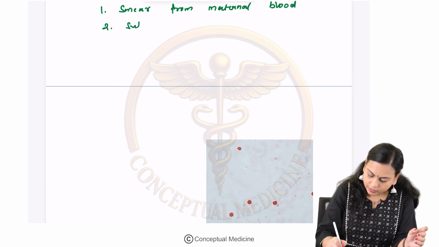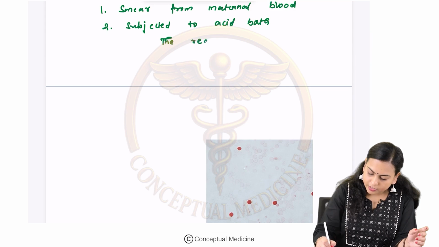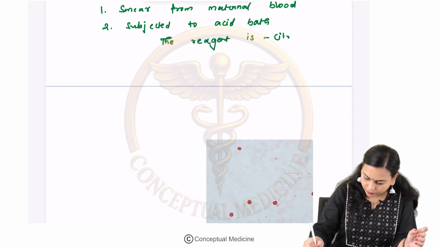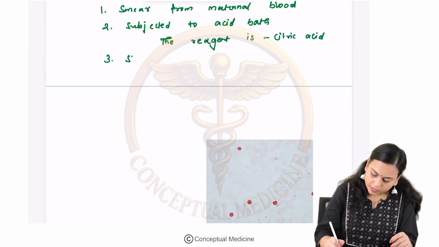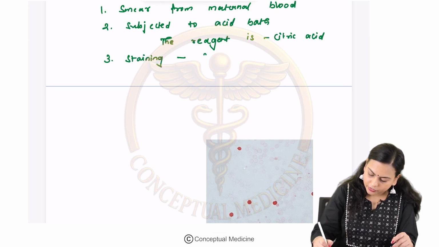Then subjected to acid bath or acid elution, and the reagent is citric acid. Okay. Then it is staining. Okay. The staining method is known as Shepard's method.